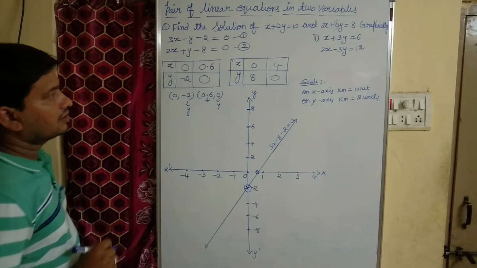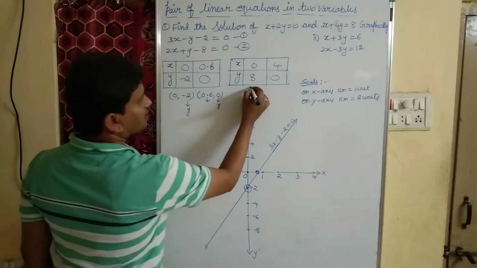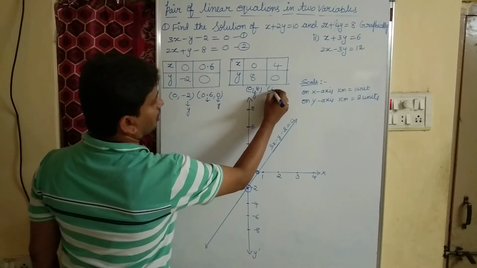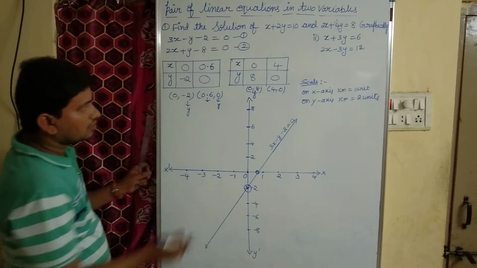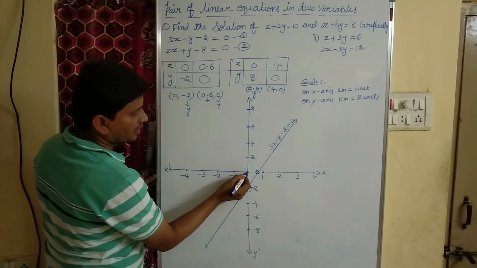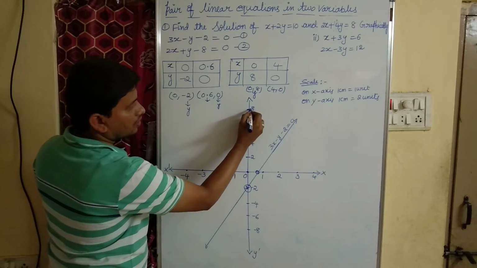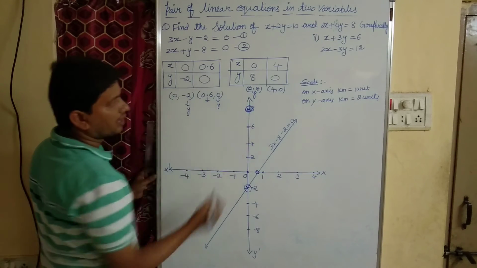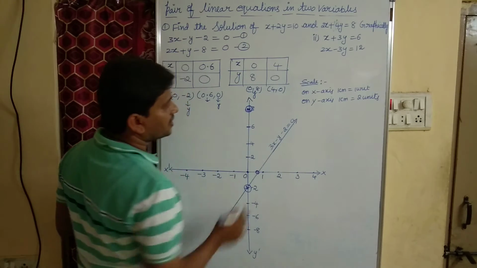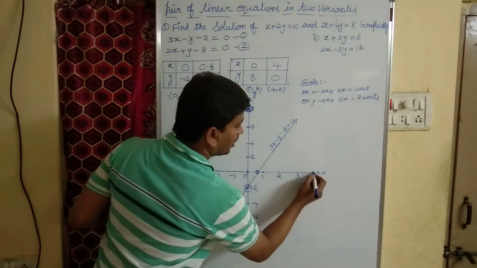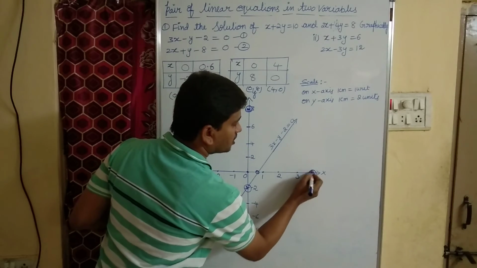Now coming to the second equation, our points are 0, 8 and 4, 0. On x-axis 0 and on y-axis 8. This is 0, 8. And coming to the second coordinates, 4, 0: on x-axis 4 and y-axis 0.